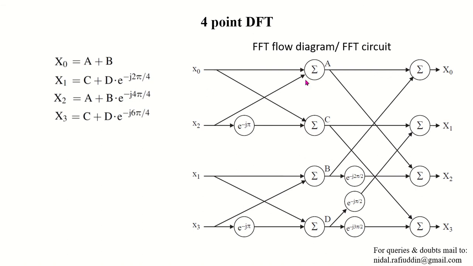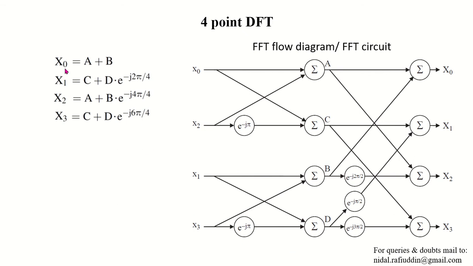So we have shown here a as x0 plus x2. Likewise, we had b, which was x1 plus x3, and c was x2 e raised to power minus j pi plus x0. So we have drawn the same assumptions with the two butterflies on the flow diagram here.